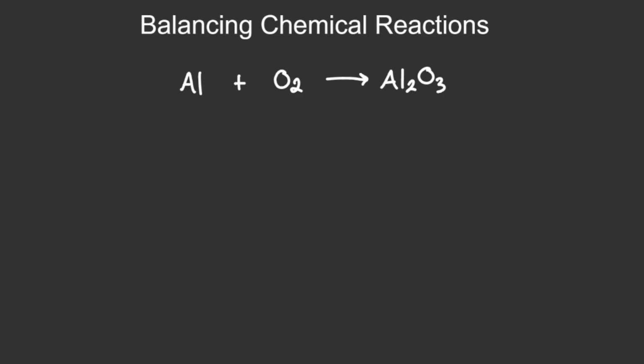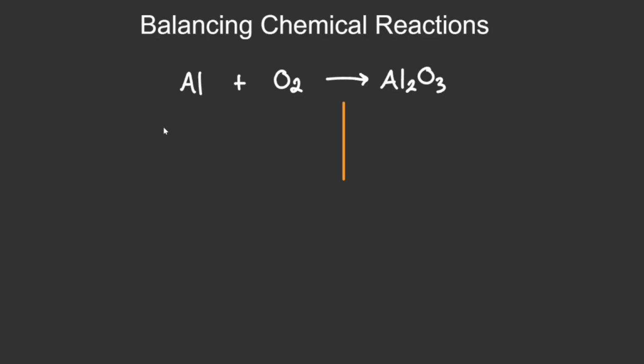Let's solve it, okay? So on the left, we have aluminum and oxygen gas. Okay. And on the right, we have Al₂O₃, which has 2 aluminum atoms and 3 oxygen atoms. So let's split this up and list the things that we have right now, okay?